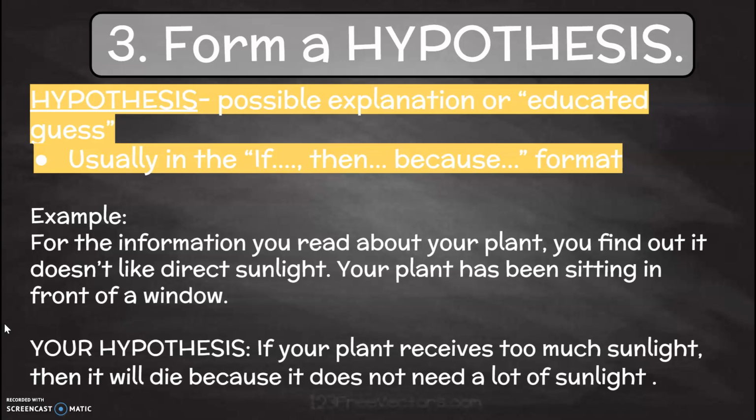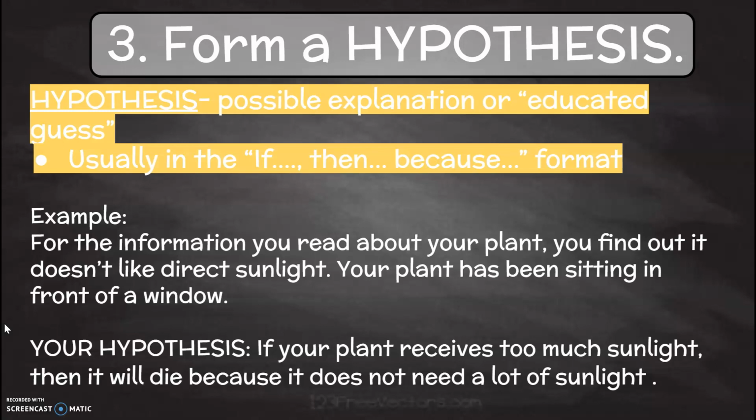For example, the information that you read about your plant, if you find out that plants don't like direct sunlight or too much sunlight, and your plant has been sitting in front of a window, your hypothesis or your educated guess for why it's dying, your question, could be, if my plant receives too much sunlight, then it will die because it does not need a lot of direct sunlight.